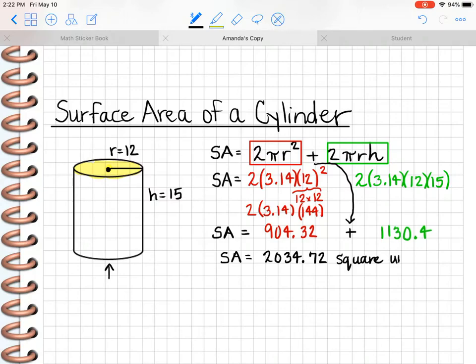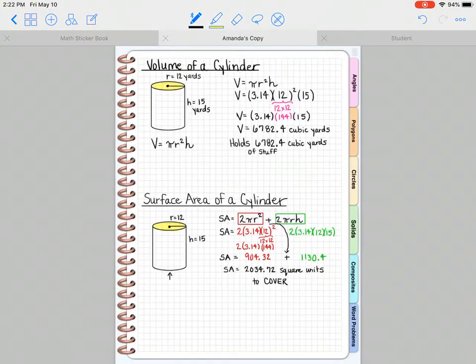So if I want to paint my silo, I need to buy enough paint to cover this many square units. So the top one, I taught you the formula for how to hold an amount. Area is always about covering. So we're painting on the bottom, and on the top we're filling it up with corn.